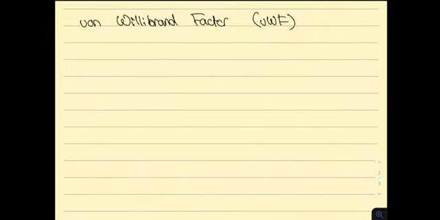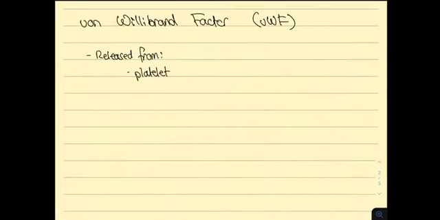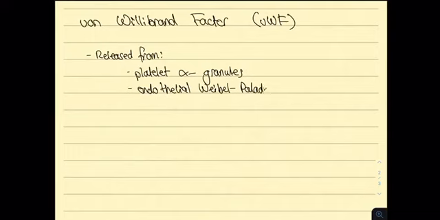So before we move on and discuss the steps of primary hemostasis, let us first discuss von Willebrand factor. This is very important because firstly, it is essential in primary hemostasis, and secondly, there are many pathologies that involve von Willebrand factor, as we shall later see. So where is von Willebrand factor made? Well, it's made from two locations. First, the platelet alpha granules, and secondly, the endothelial Weibel-Palade bodies.